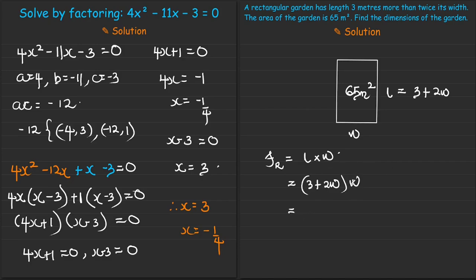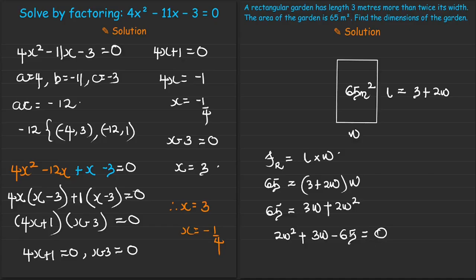If you open up, we have 3w plus 2w squared. And mind you, we had our area being 65 meters squared. So we have 65 here. With this, we would have to write it in the standard form, so that we have 2w squared, from here, plus 3w, and the 65 is moving to the right-hand side, so that it becomes negative 65 equal to 0.